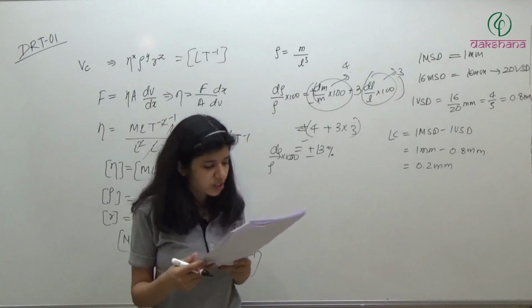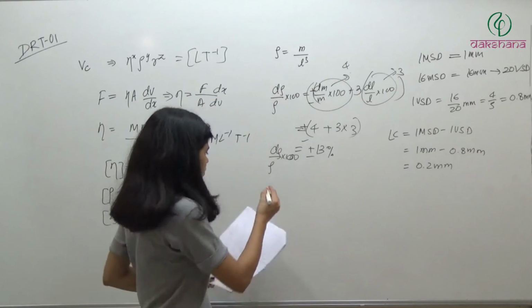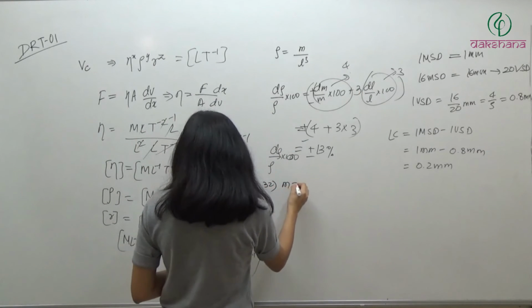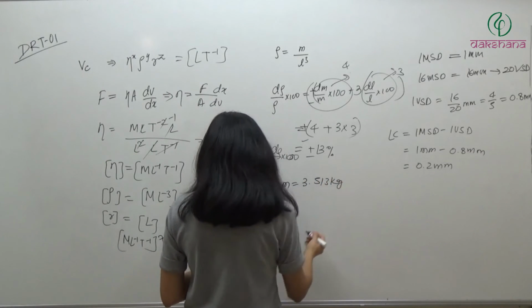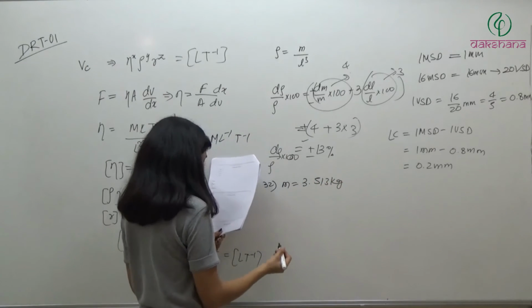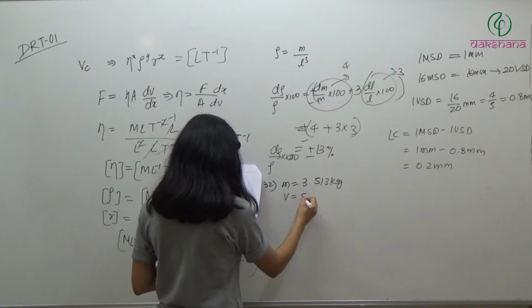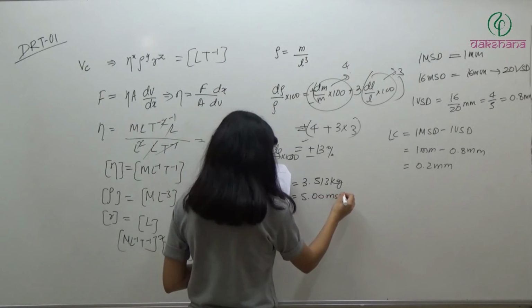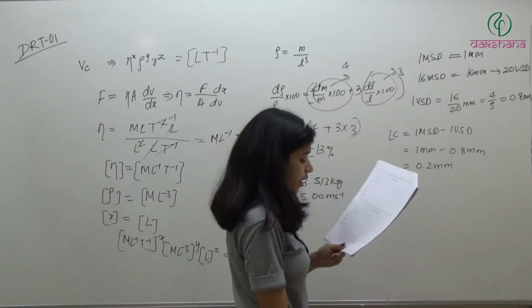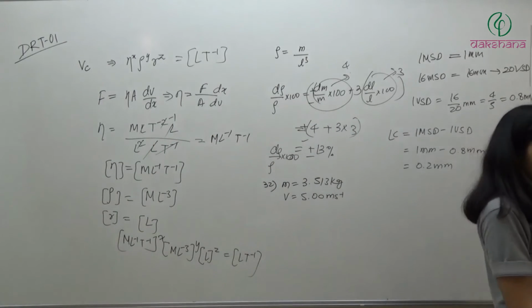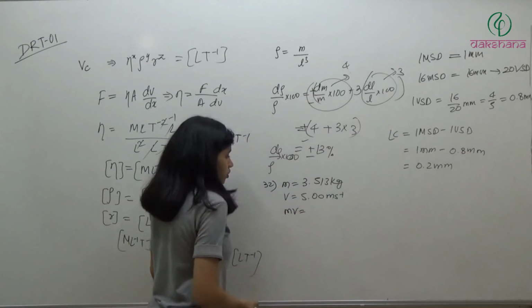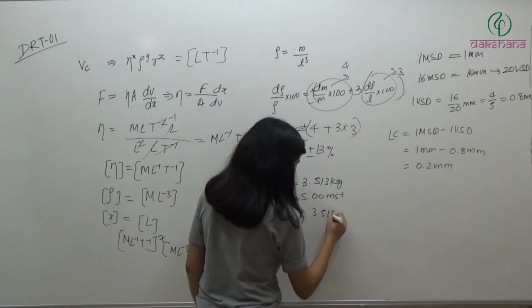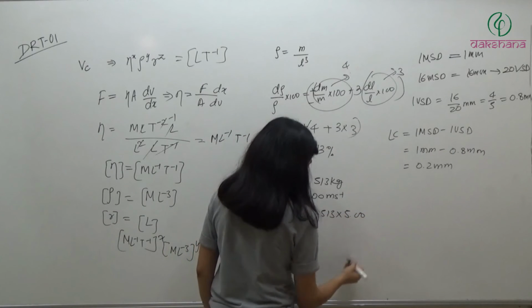Question number 32. A body of mass m is equal to 3.513 kg is moving along x-axis with speed 5.00 meter per second. The magnitude of its momentum is best recorded as. The magnitude of its momentum will be m into v. So 3.513 into 5.00.